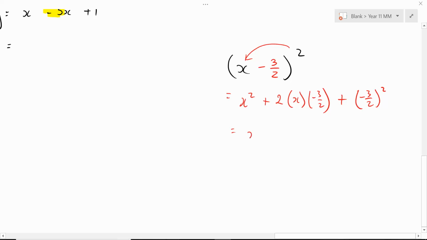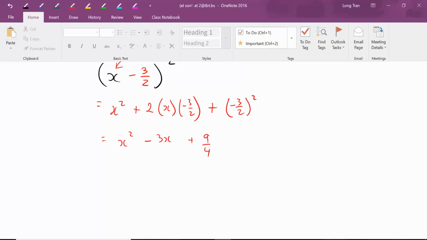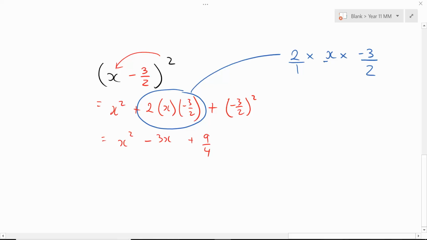This gives me x squared, and I know a lot of students struggle here. This is minus 3x, and then this becomes plus 9 on 4. Just to help you with your fractions, because I know a lot of us struggle with them: how did I get negative 3? Just write it out. 2 times x times negative 3 over 2. Now notice these are all whole numbers, so I write them out of 1.